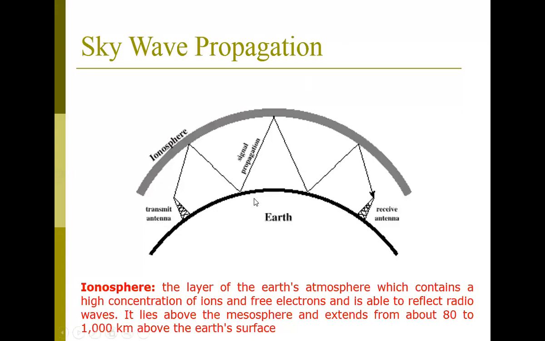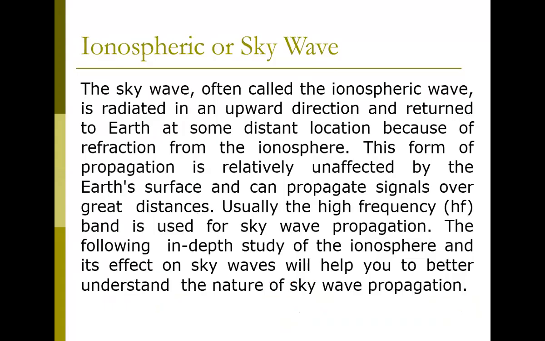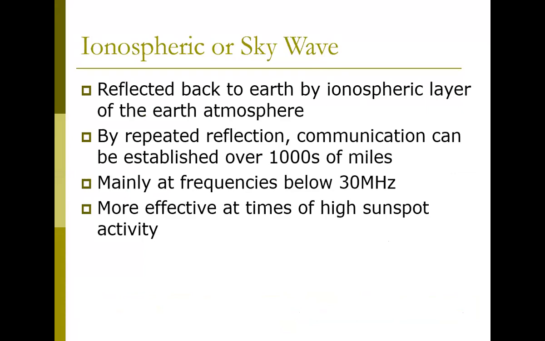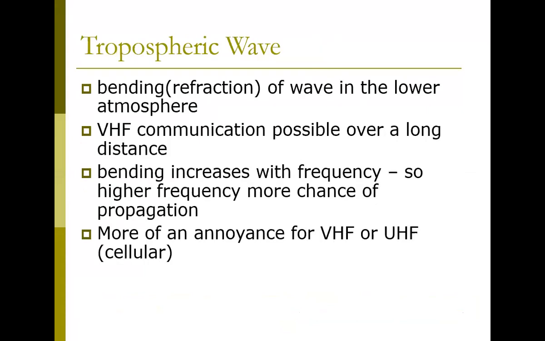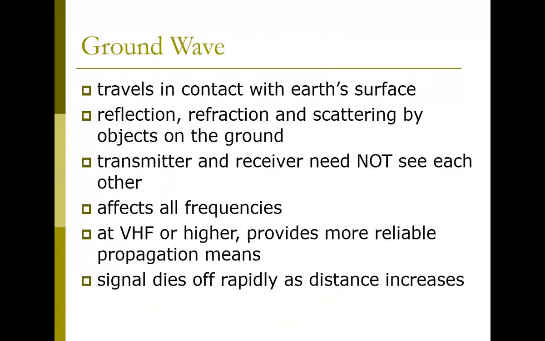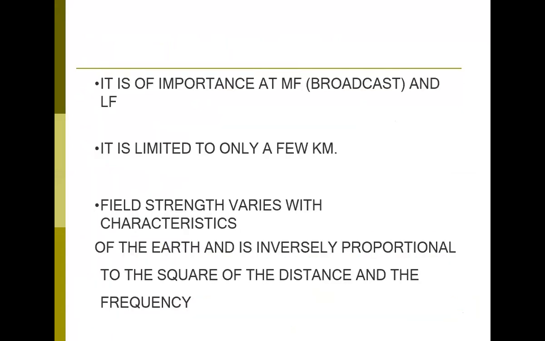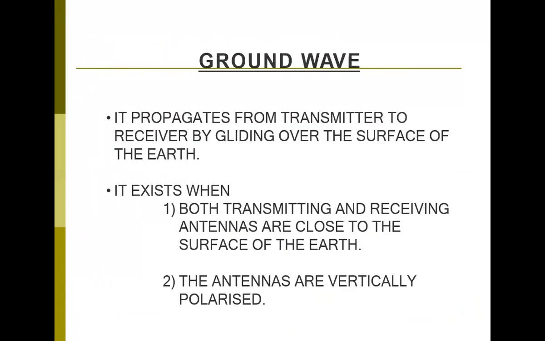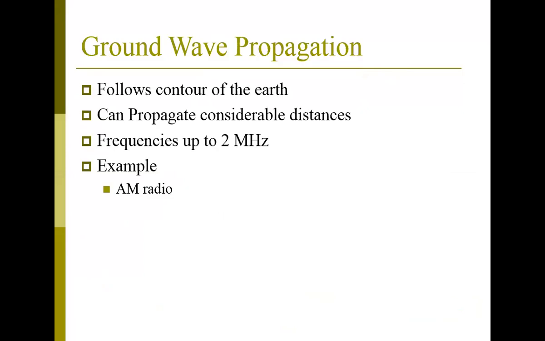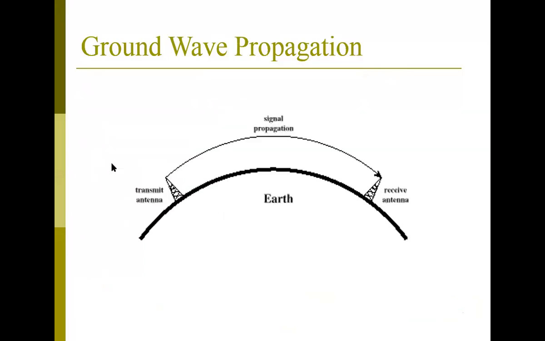You can visualize the difference between these two diagrams. I will show you. Here you will see that the signal is transmitted and directly received at the receiving antenna. In sky wave propagation, you can see.